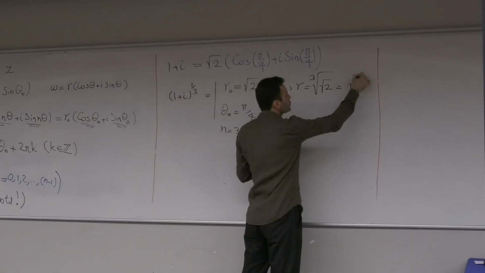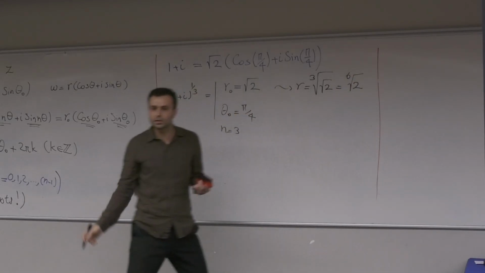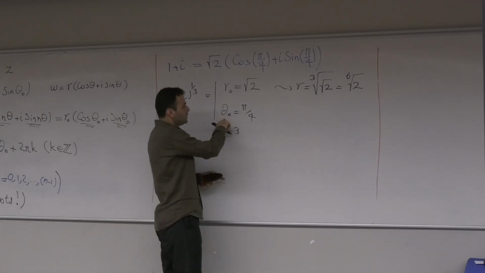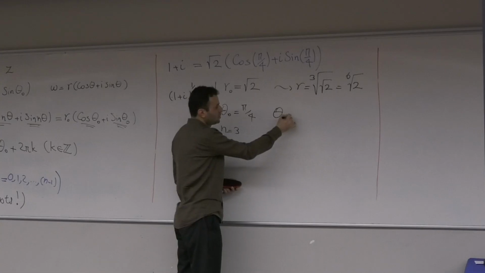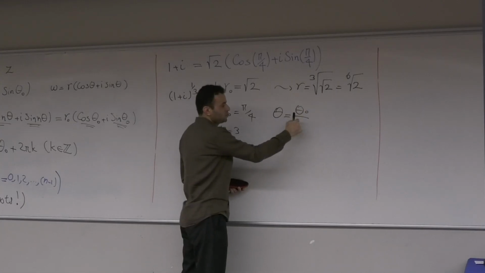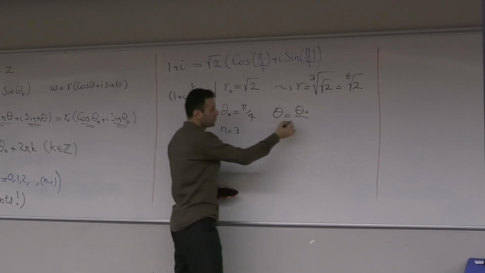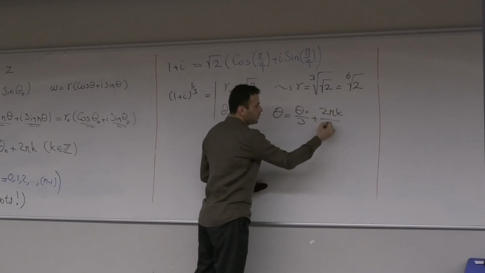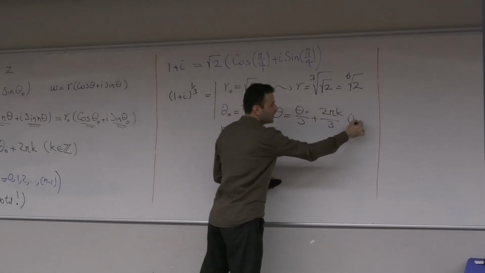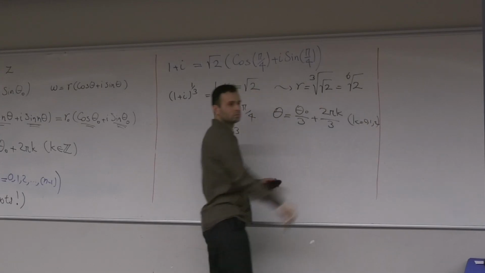Yes, or the sixth root of 2, right? If our theta 0 is pi divided by 4, what are the values of theta? We have theta 0 divided by 3 plus 2 pi k divided by 3. For which values of k? 0, 1, and 2.